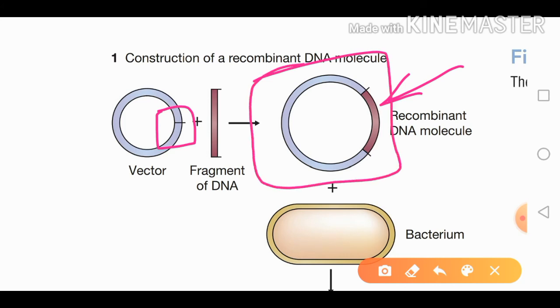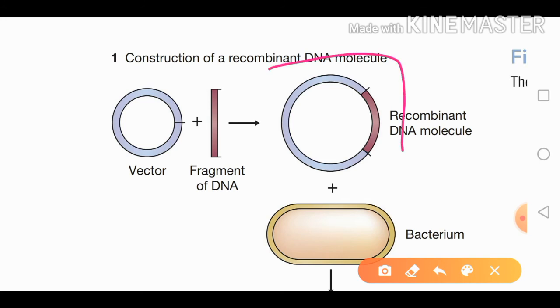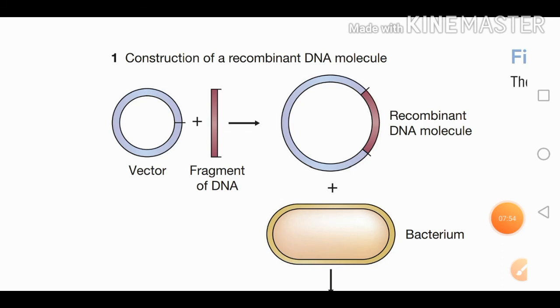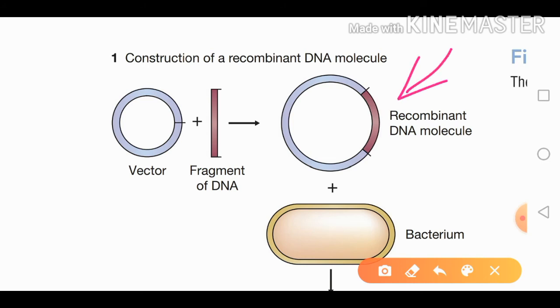Now this is the recombinant DNA molecule, and that recombinant DNA molecule is inserted into the bacterium. Here different enzymes are used: restriction endonucleases, and then for joining, DNA ligase enzymes are used. So different accessories are used, we can call them accessories.